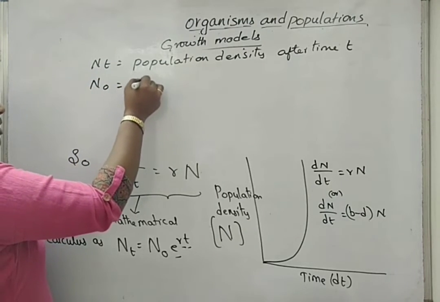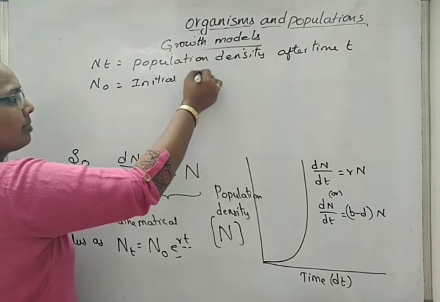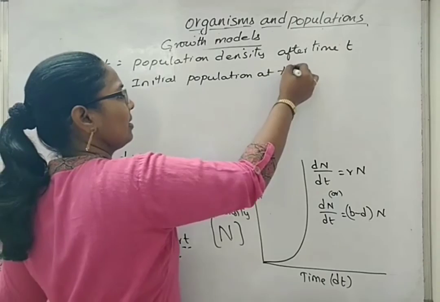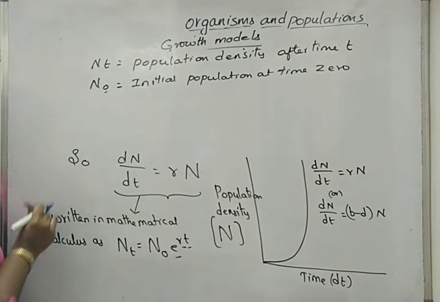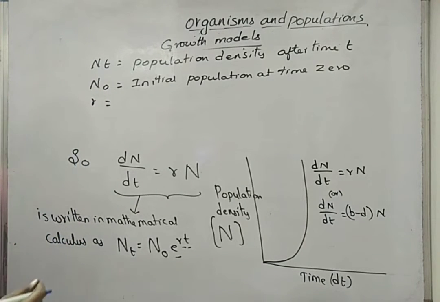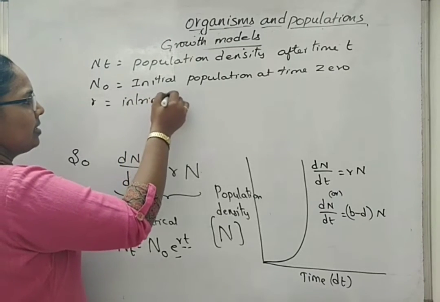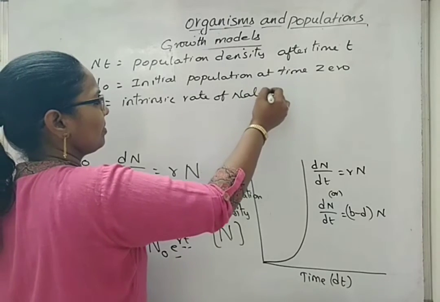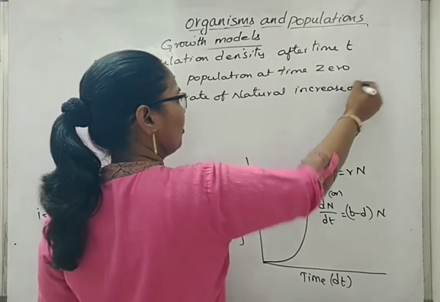N0 is the initial population size at time 0, so this 0 is indicating the time. Next, r is the intrinsic rate of natural increase of population.